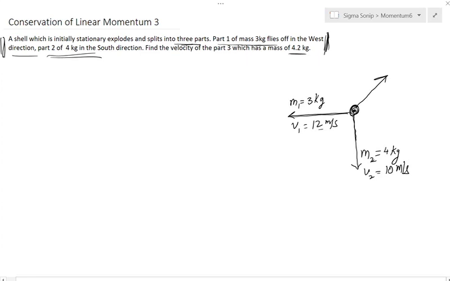Right, so now this shell we can take as an isolated system. Therefore we will have P initial equal to P final, because there is no external force acting here. We normally write that as per the principle of conservation of momentum.